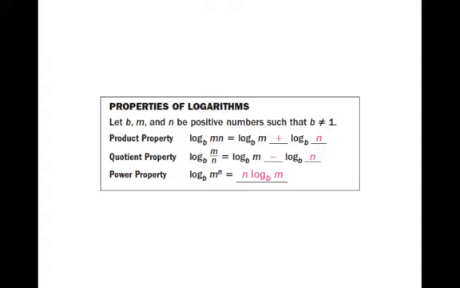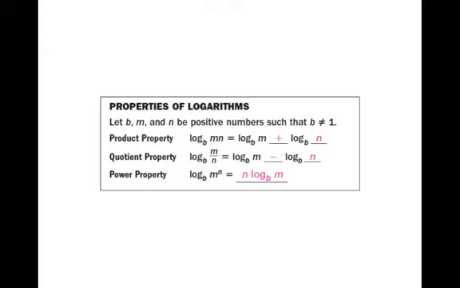The quotient property: log base b of m divided by n is equal to log base b of m minus log base b of n. And the power property: log base b of m to the nth power is equal to n times log base b of m.